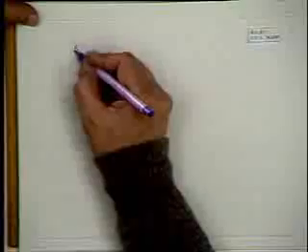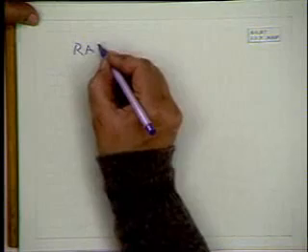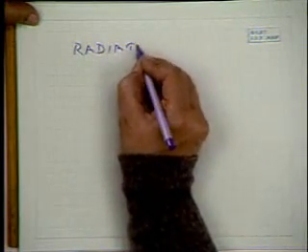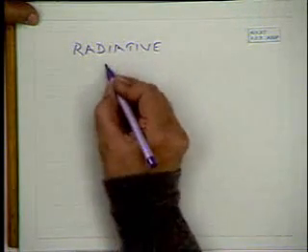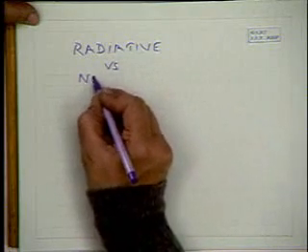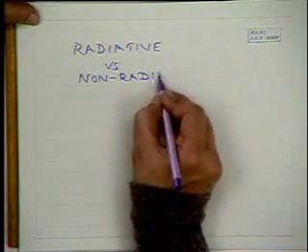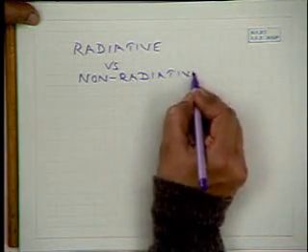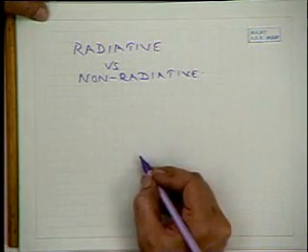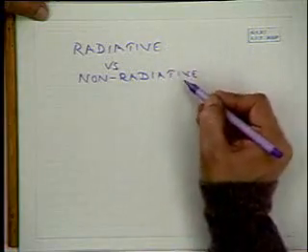Right. Now let us try and combine what we've seen for both radiative and non-radiative recombinations. We have radiative recombination, which gives rise to luminescence, and non-radiative, which gives rise to heat. So the excess carriers can decay either radiatively or non-radiatively.